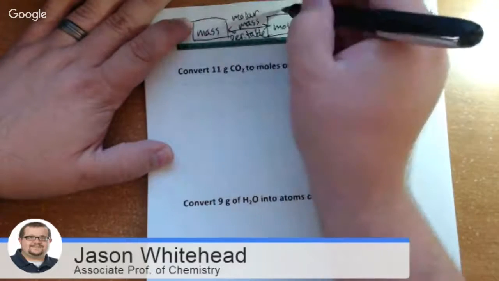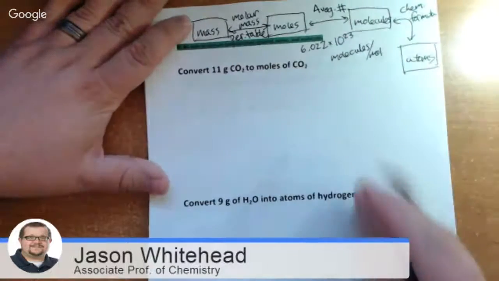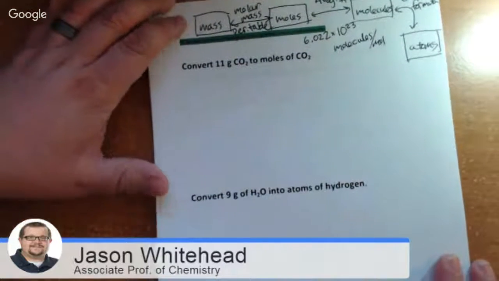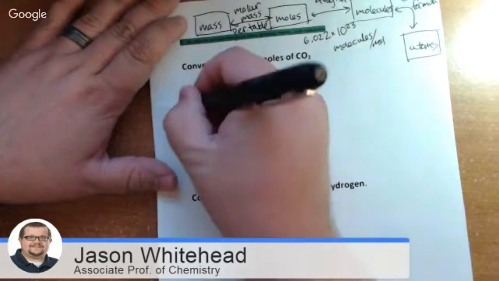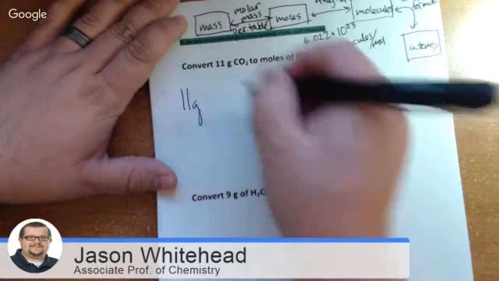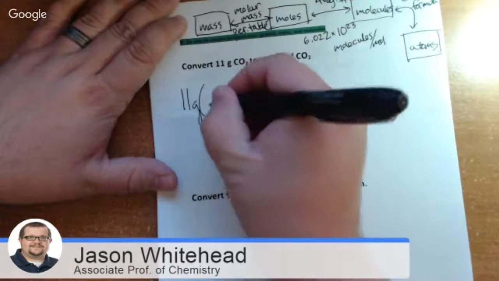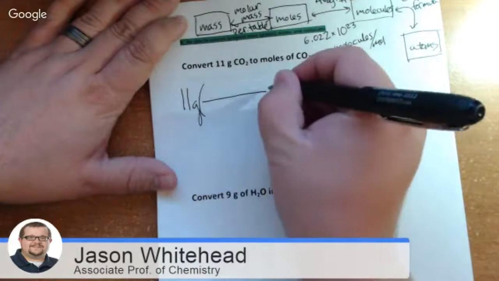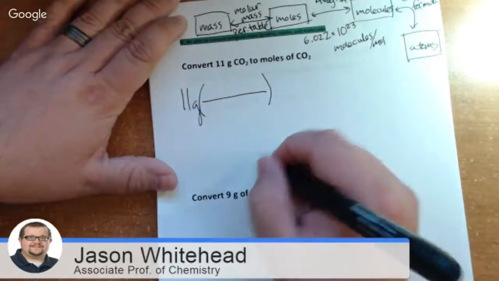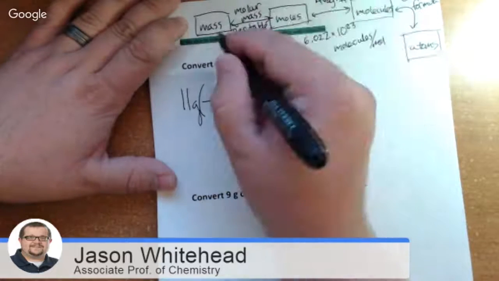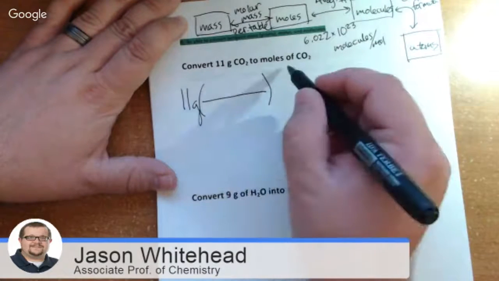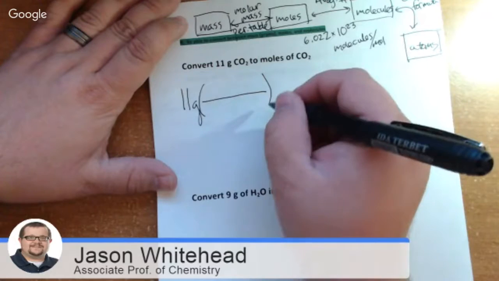The number of blocks that I jump are the number of parentheses that I set up when I convert. So I'm going to start with the number that they give me. They only give me 1. I'm going to set up 1 parentheses because I'm only jumping 1 block from mass to moles, because that's where the problem's taking me. Okay.